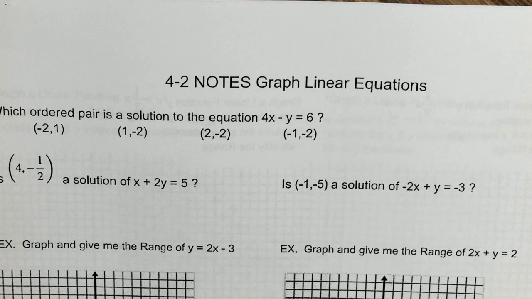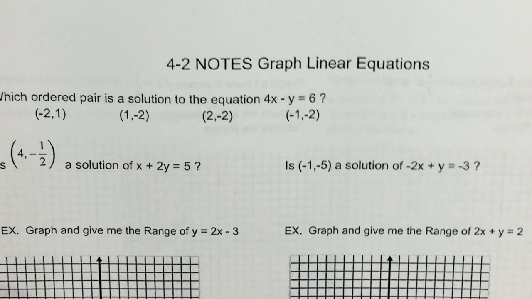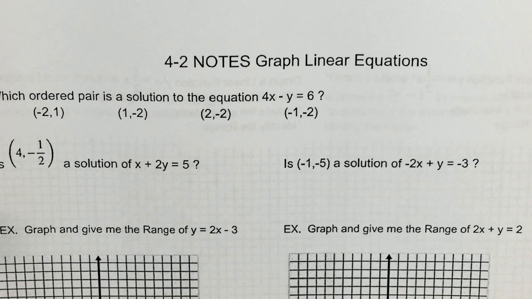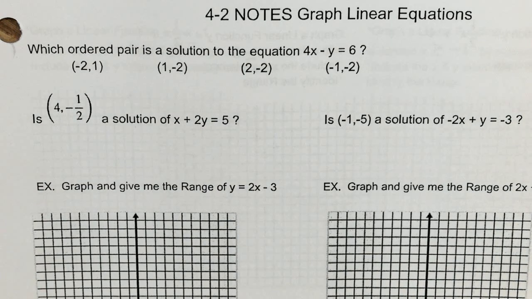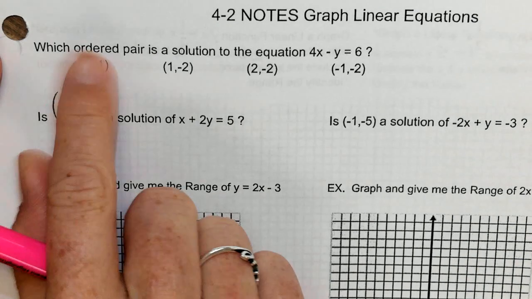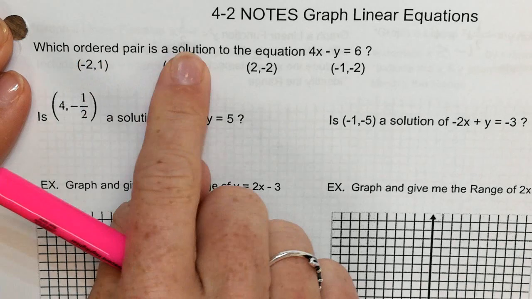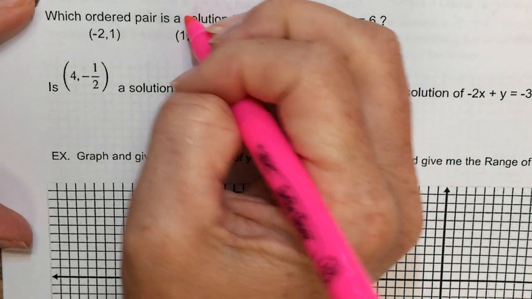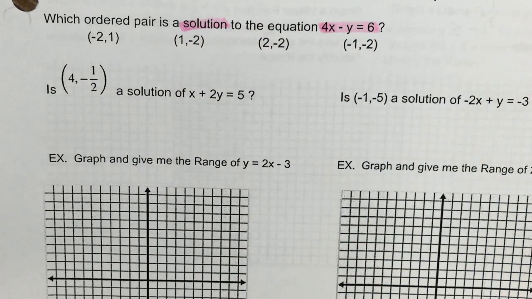So today we're going to learn how to graph linear equations with specific domains like line segments, rays, or straight lines. Before we start, we're going to talk about the linear functions and how to tell if something is a solution. So this question says, which ordered pair is a solution to this equation?